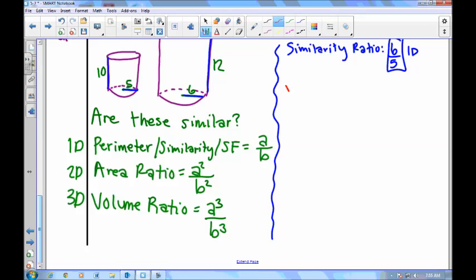Okay, so this is one dimension. The volume ratio, because this is a three-dimensional solid, what do we do with the 6? Cube it. So 6 cubed. I need some calculator help.